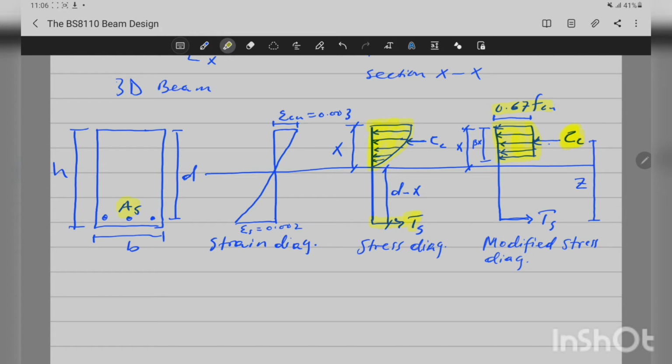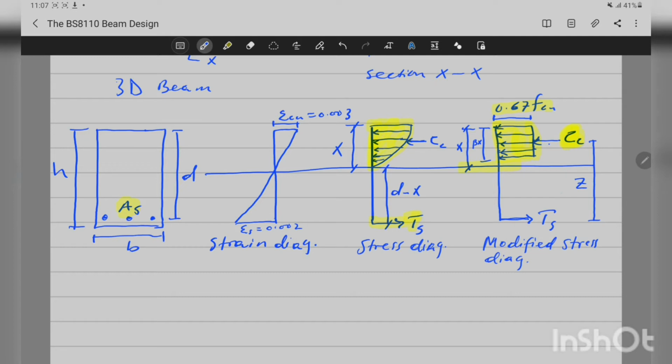Now the distance from the top to the neutral axis is denoted by X, and the depth of the stress block is beta X, and beta is a factor that accounts for this change in shape. Say we had a parabola, and now we're using a rectangular stress block.